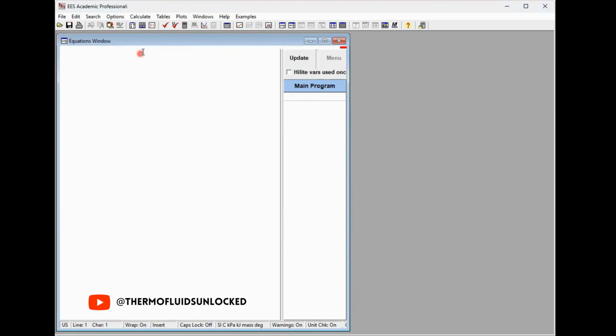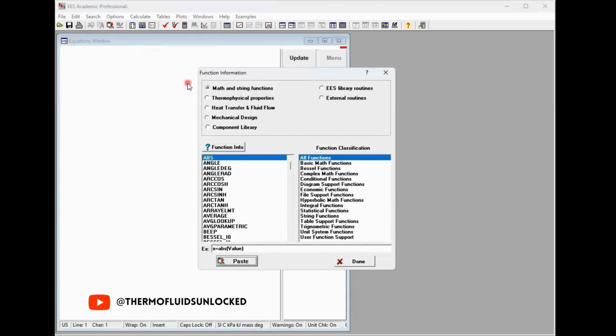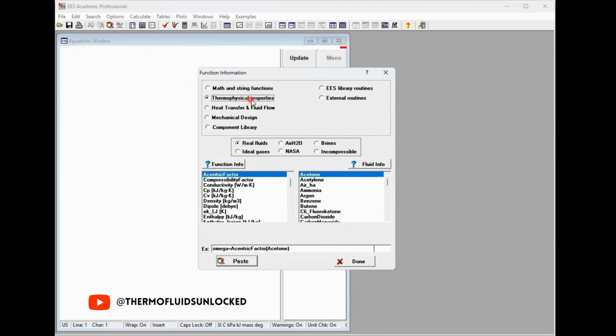The other option that is really useful for today's video is this function information. You can see a set of functions, for example related to mathematics, mechanical design, and many others. But the one that we want to focus on today is the second one, thermophysical properties. They are listed for real fluids.